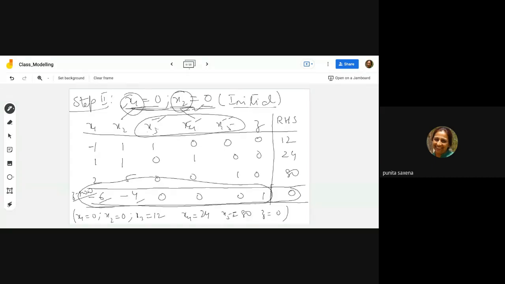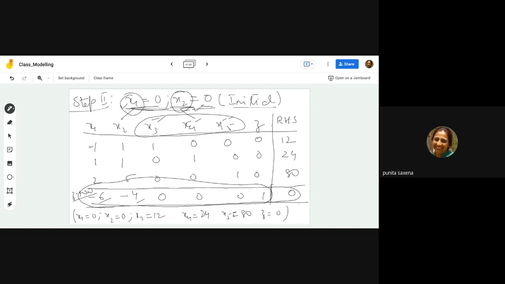They will still remain 2 because our independent variables will always be 2. So again, we have to choose one independent variable which will become dependent and one dependent variable which will become independent, in such a manner that we attain optimality at the earliest.